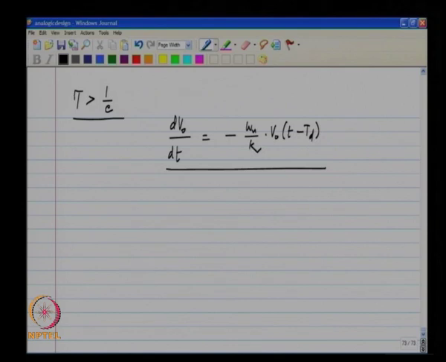The only thing is, earlier we assumed a solution of the form exponential of sigma t with a real coefficient in the exponent. That is what has to be relaxed now. We know that with a real coefficient in the exponent, we do not have solutions for tau greater than 1 by e. So, we have to have a complex coefficient.